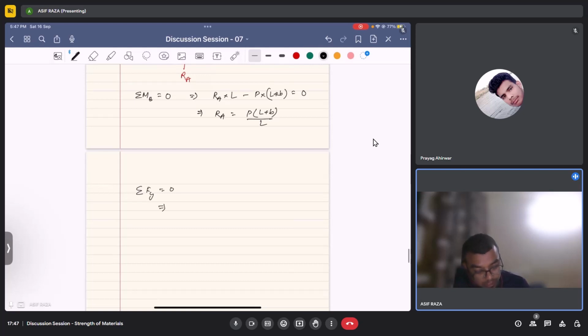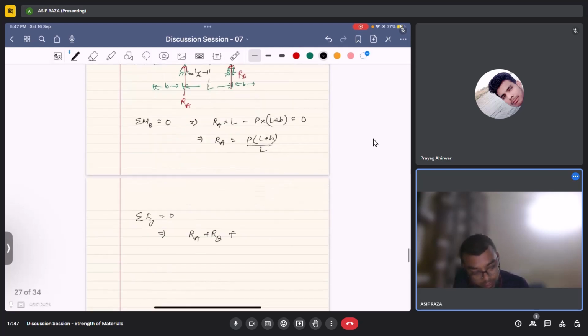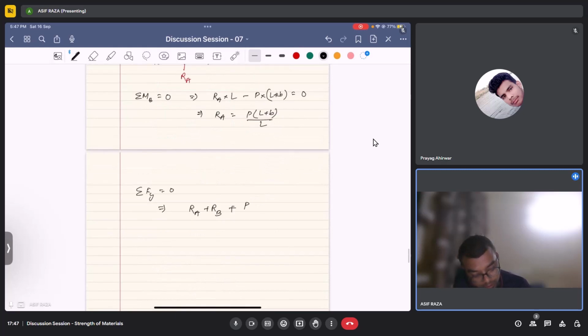That would be RA is positive and RB is positive. Then there is one P upwards and there is one P downwards. So this becomes equal to 0. The RB would be equal to minus RA, and that is P times L plus B by L.